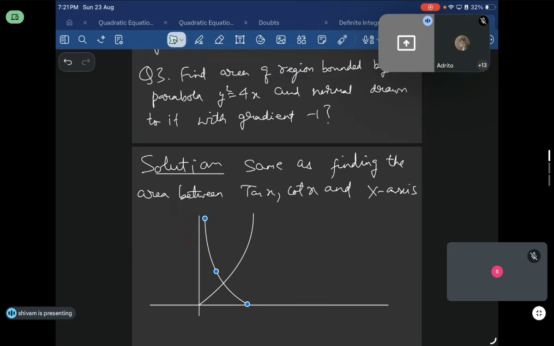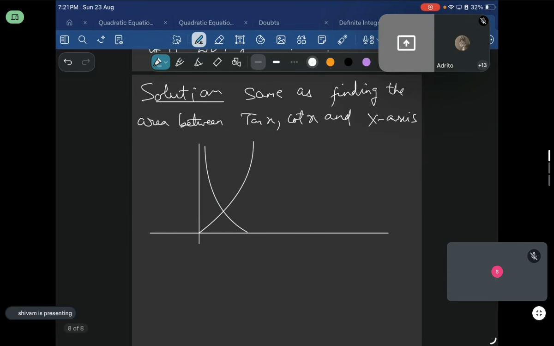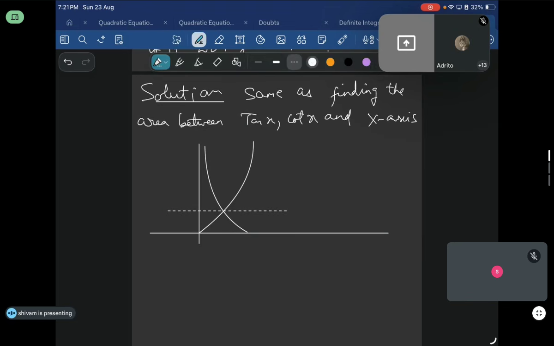At what point are they intersecting? Pi by 4, right? So at pi by 4 they are intersecting. So you can take the upper curve minus lower curve. So area will be equal to rightmost curve minus leftmost curve.